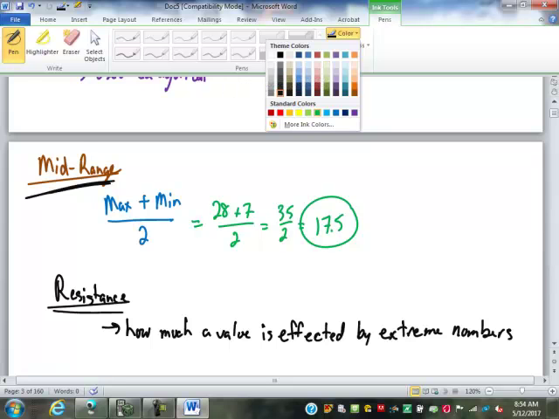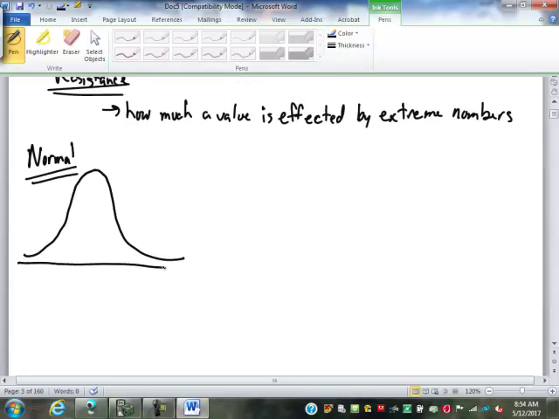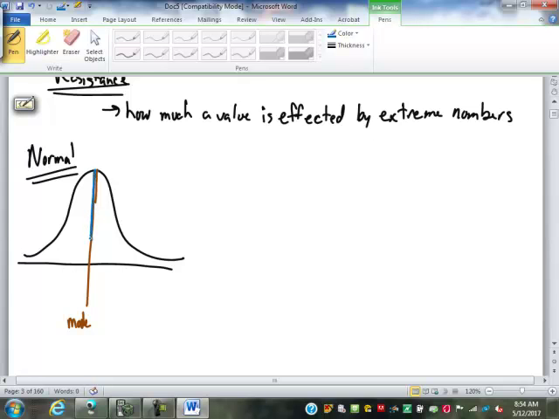But let's look back now at our bell curve, that normal curve. If we have data that is normally distributed, I'm just going to use the word normal for that. The mode, the value that occurs the most often, should be the highest point on the curve. That should be dead center here. That's mode. The median, the value that's in the middle, should also be dead center.